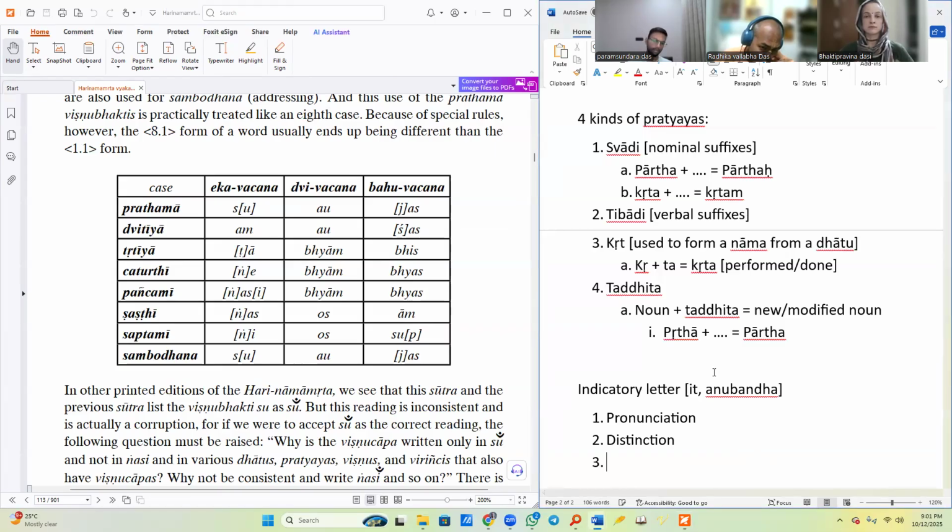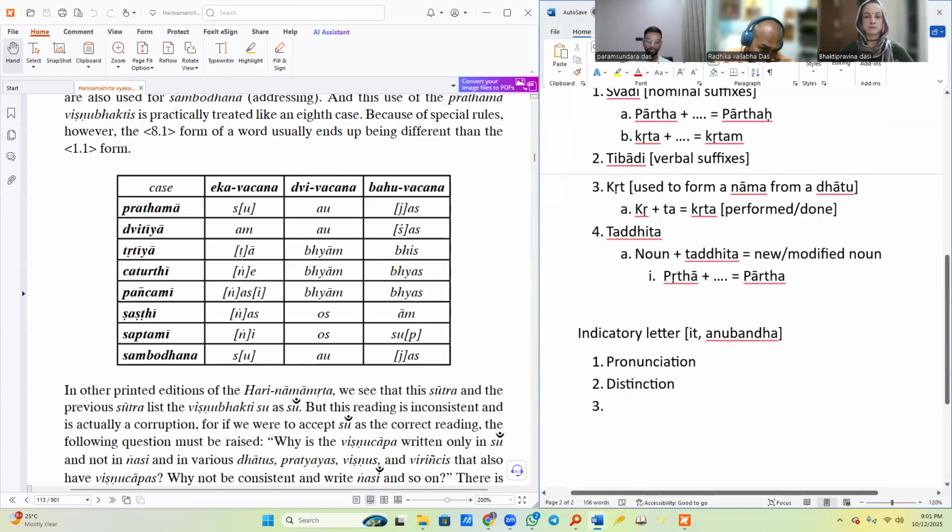Then the third usage, which is the important one, is rule application. In the sutras coming ahead, in the chapters coming ahead, we will have sutras which will ask us to do certain operations, certain transformations. And those operations or transformations will, at some places, be caused by these indicator letters.